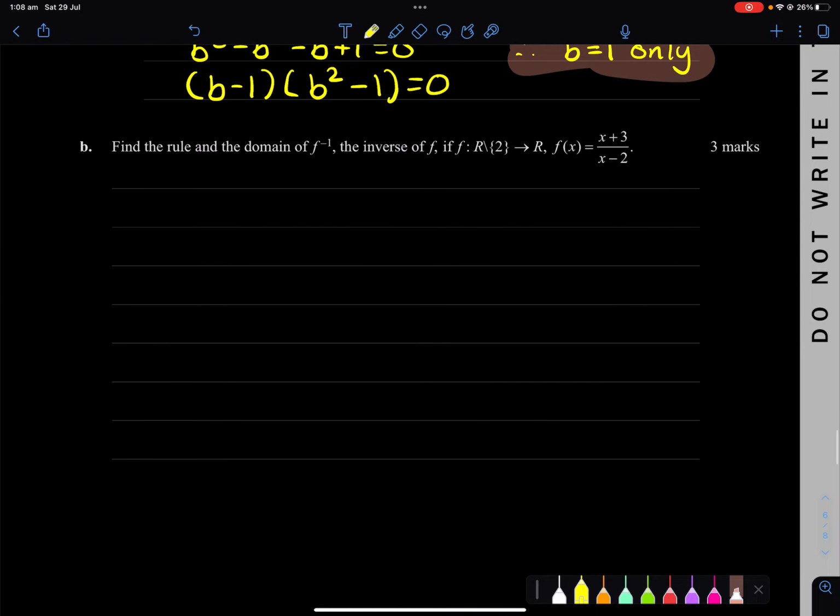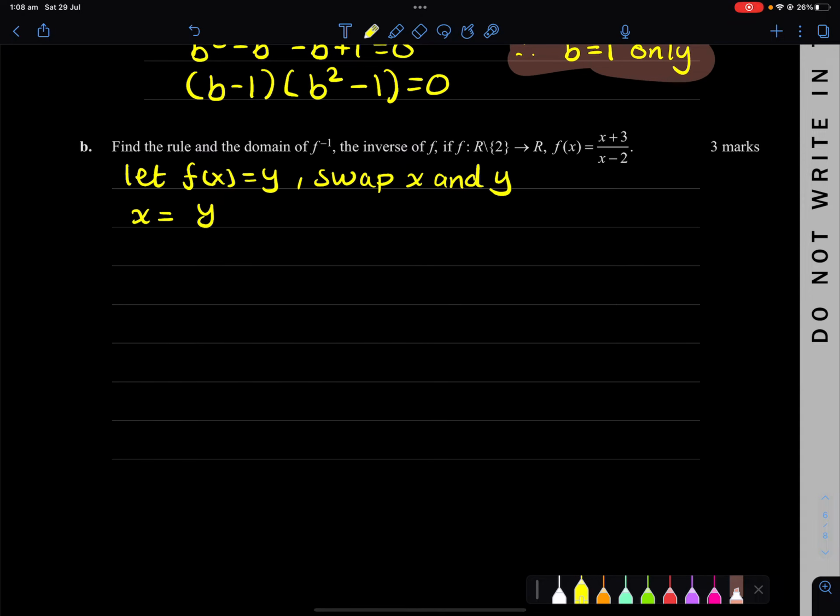So to find the rule, we want to let f of x equal y, and swap x and y. So we're saying x equals y plus 3 all over y minus 2, which we can say xy minus 2x equals y plus 3.